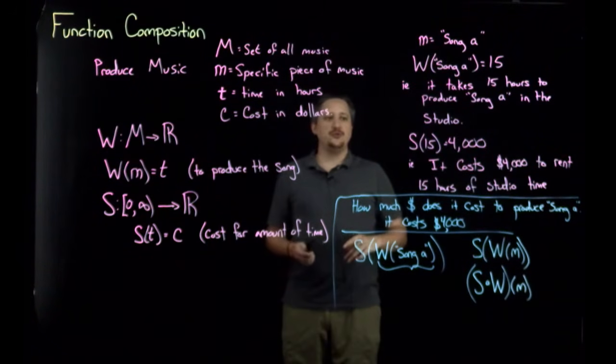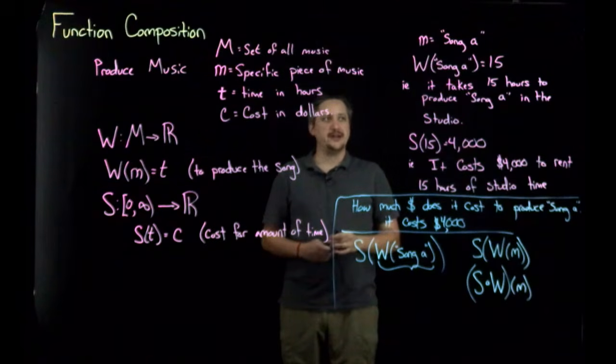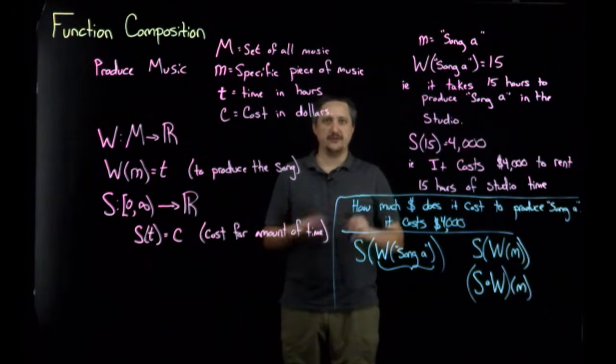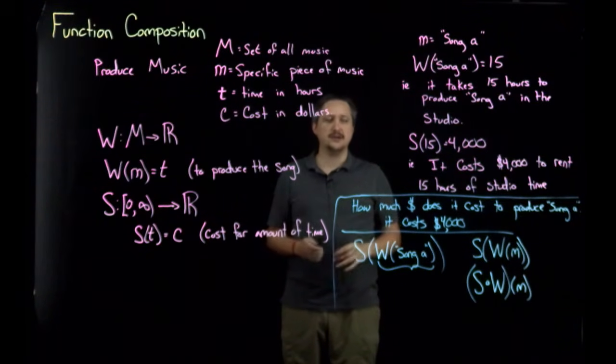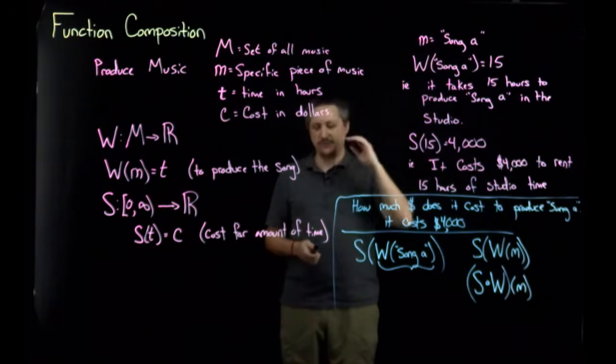So I'm going to do some of my own editing magic here, erase a bunch of this stuff, and tackle this with a more mathematical approach, more symbolically, as opposed to this more concrete version.